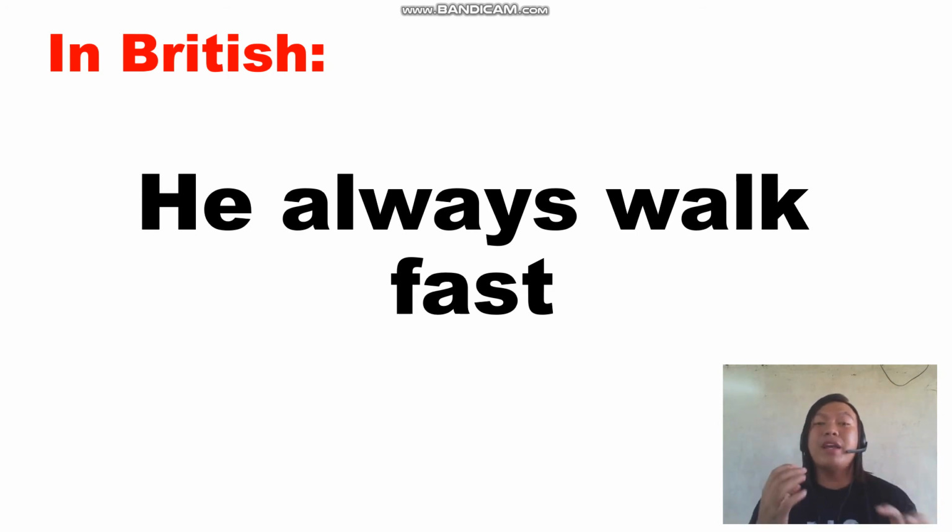Okay, so remember, they pronounce A as O. Okay, now let's try. He always walked fast. He always walked fast. That's British, guys. Alright, you know what? I'm not a native speaker, but right now I'm really trying to pinpoint that accurate pronunciation.